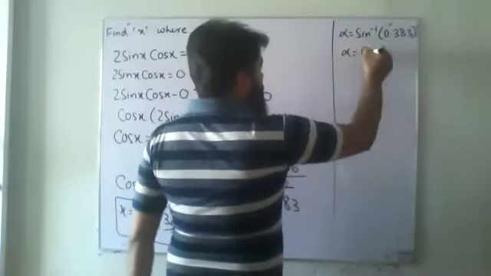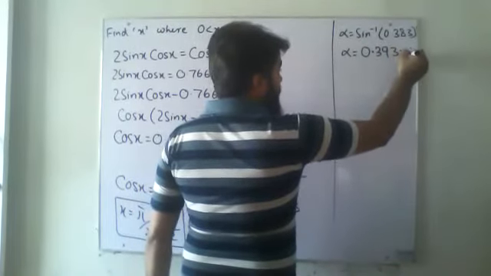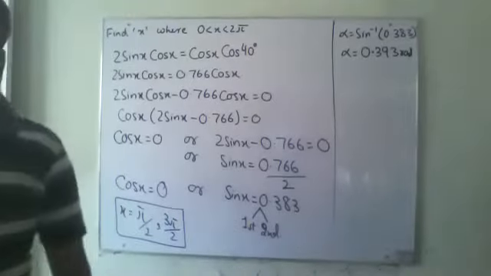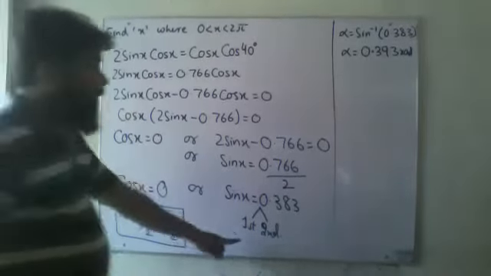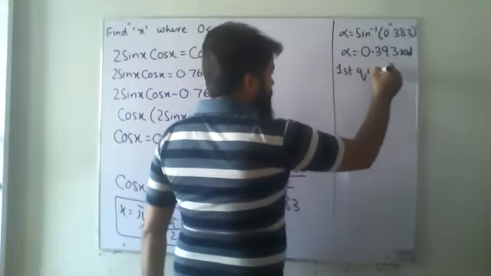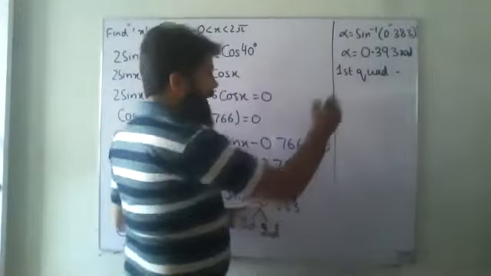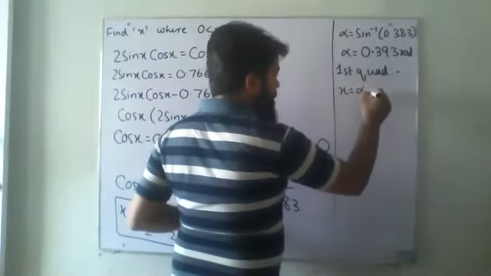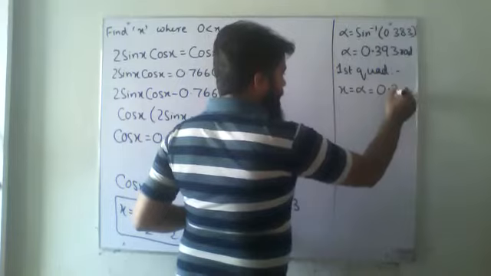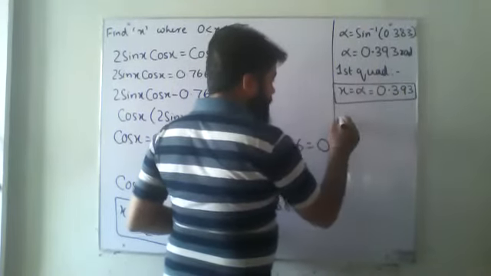So the value of alpha is coming 0.393 in radian mode, so I've written rad over there. So now the first quadrant. In the first quadrant, x will be equal to alpha, which is 0.393. That's my first one.